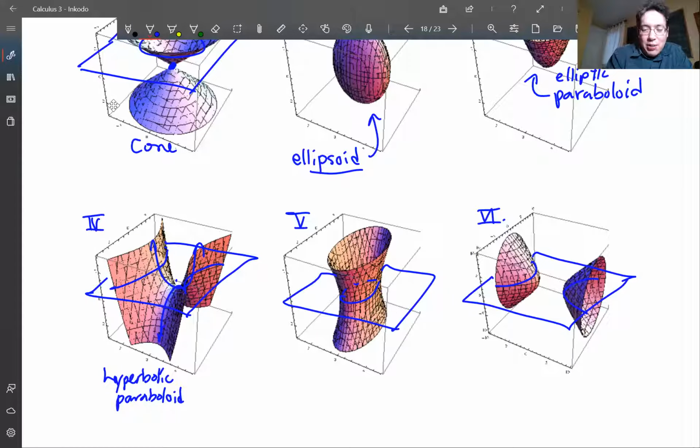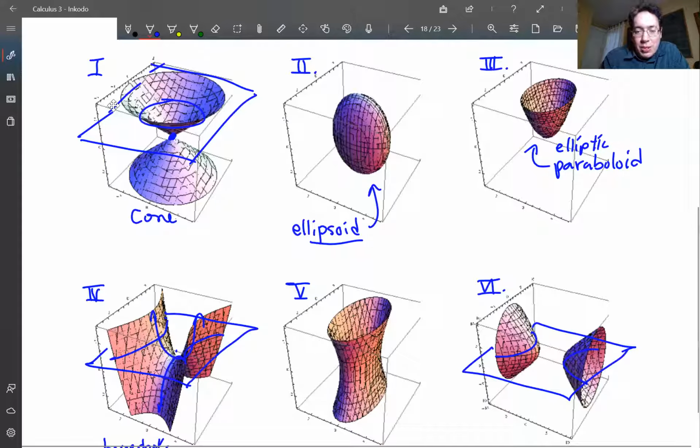If you cut it in other directions, you get a hyperbola. So if you cut it vertically like this, you'll get a hyperbola that way. And if you also cut it this way, you get a hyperbola that way as well. Okay, so I think we got the mix and match.